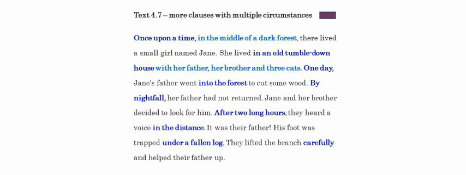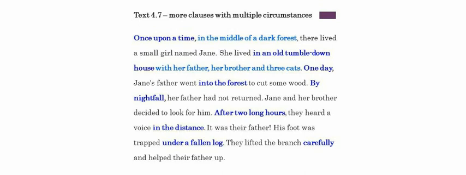In an old tumble-down house, where? With her father, her brother, and 3 cats, who with? One day, when? Into the forest, where? By nightfall, when? After 2 long hours, when?